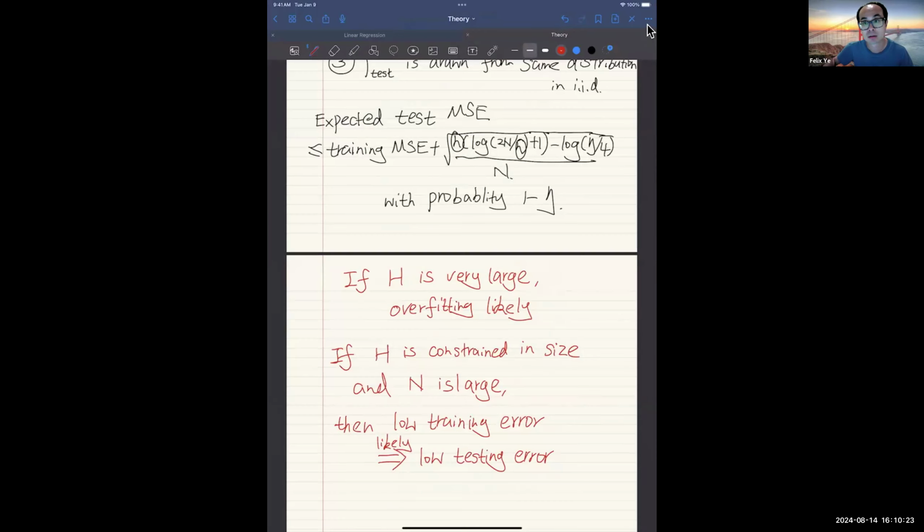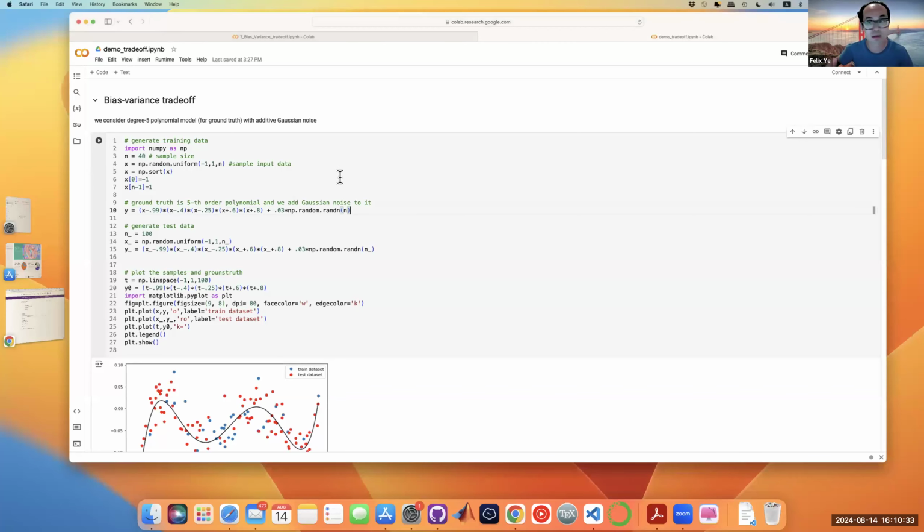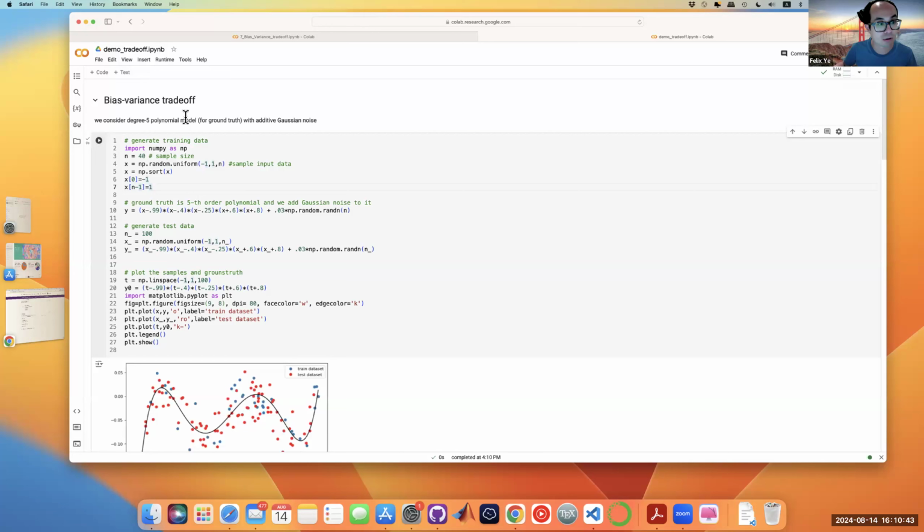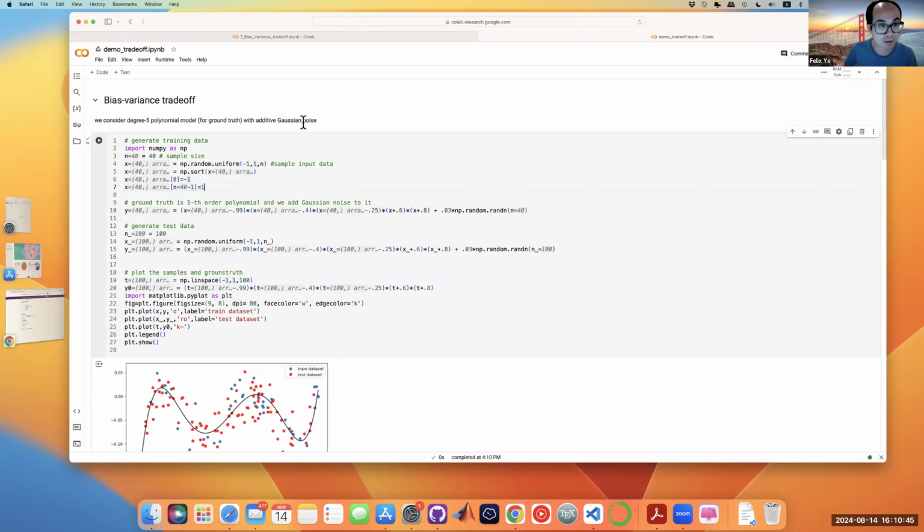Okay, so let me just demonstrate with some code here. So this is some code that you can run. Here we just consider a degree 5 polynomial model, which is one of the simplest models that you can think about.